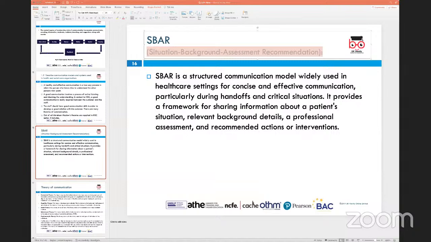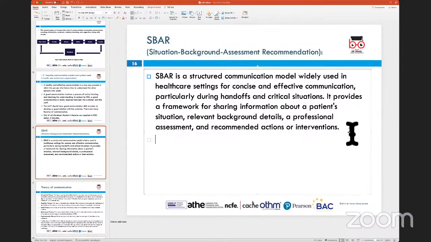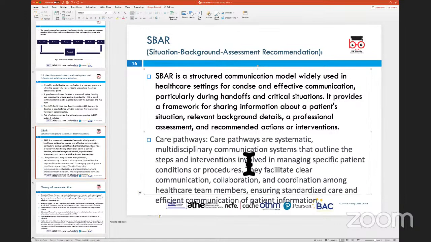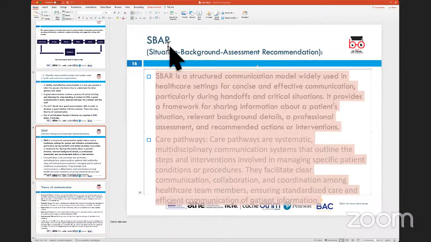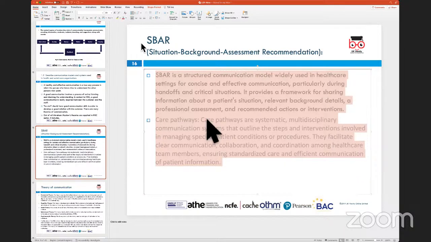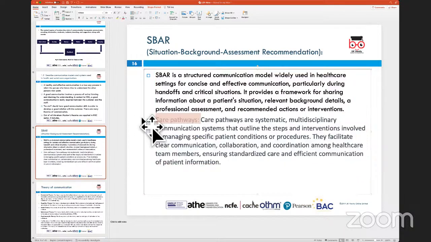So sometimes you would see care pathways also being used as an effective medium of communicating information across to colleagues within the health and social care setup.